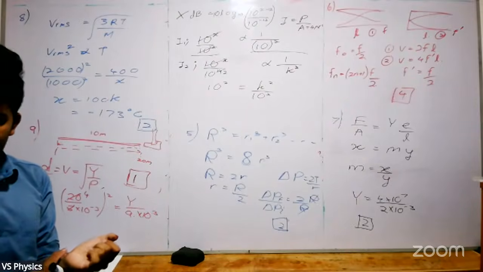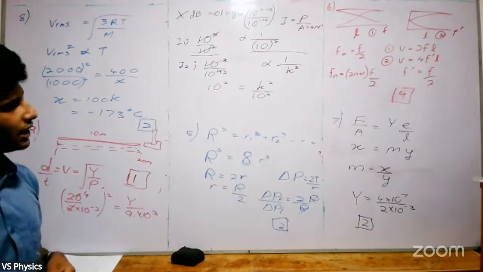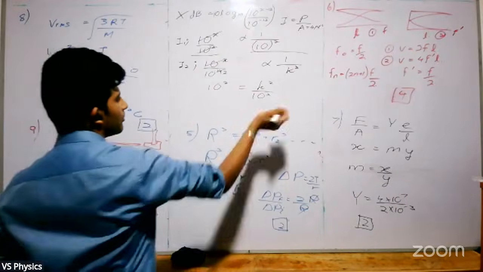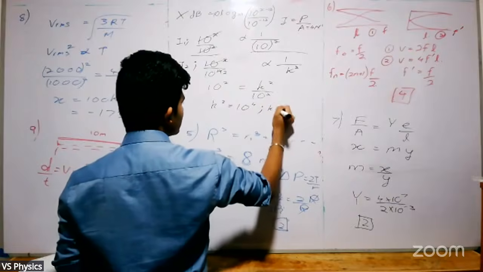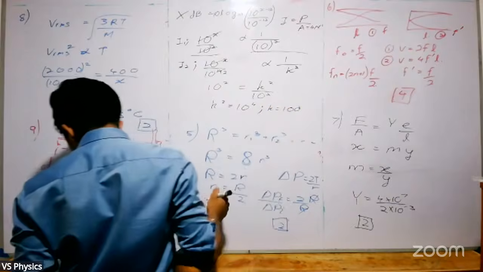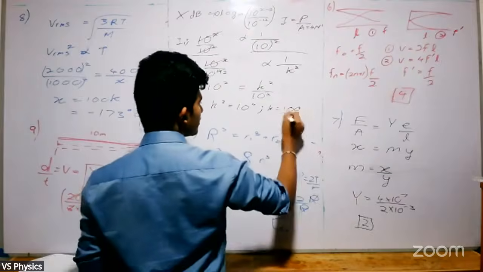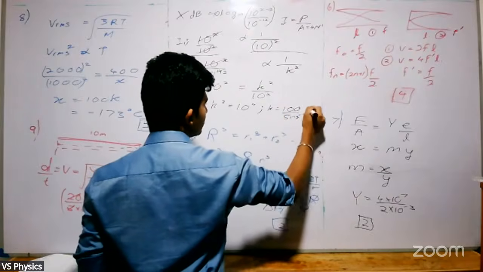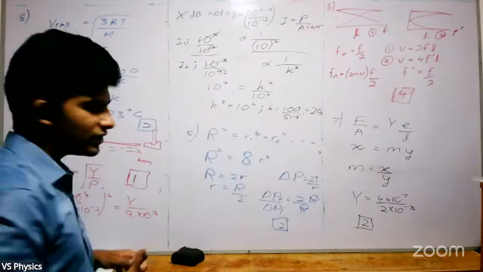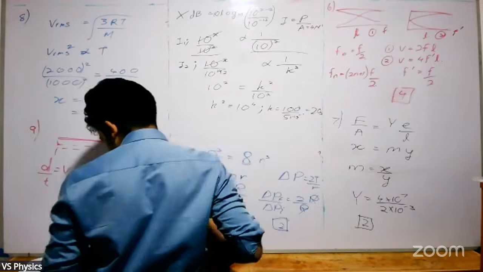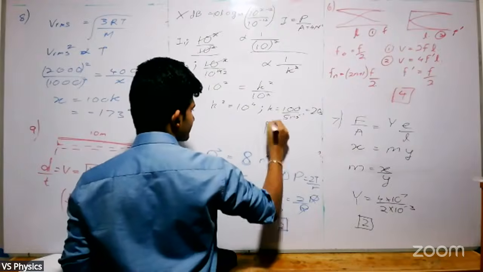If you have any doubts, ask. So k squared will be 10 to the power 4, k is 100. 100 divided by 5 meters per second will give you 20 seconds exactly. So that is the answer to the 10th question.